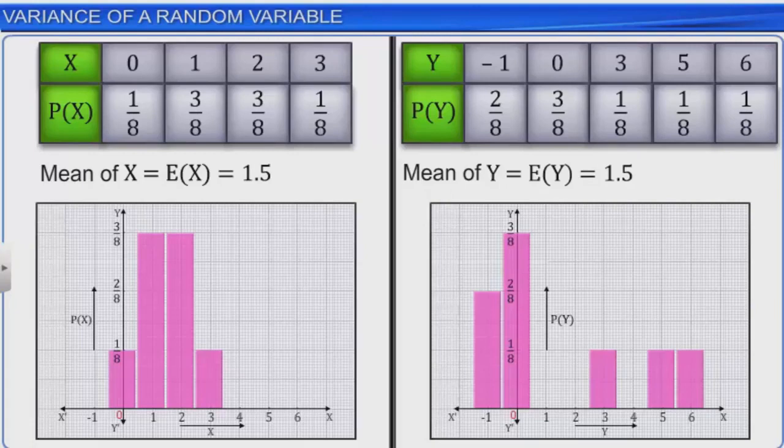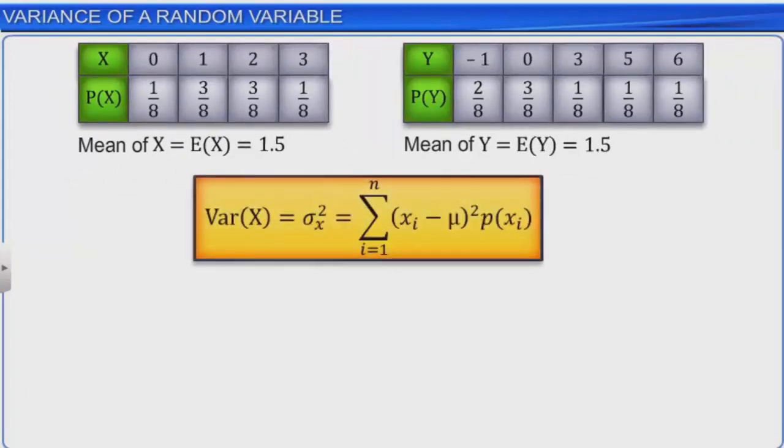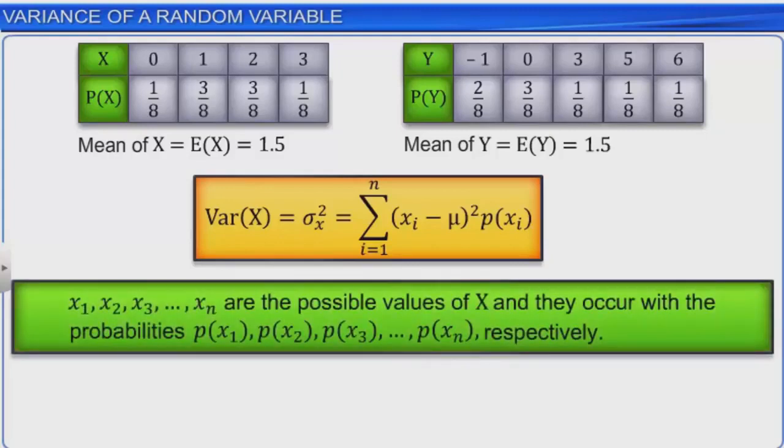In a probability distribution of random variable X, the variance of X is given by the formula sigma X squared, which is equal to the summation of xi minus mu whole squared multiplied by p of xi, where i is running from 1 to n, and x1, x2, x3, and so on till xn are the possible values of X, and they occur with the probabilities p of x1, p of x2, p of x3, and so on till p of xn respectively.